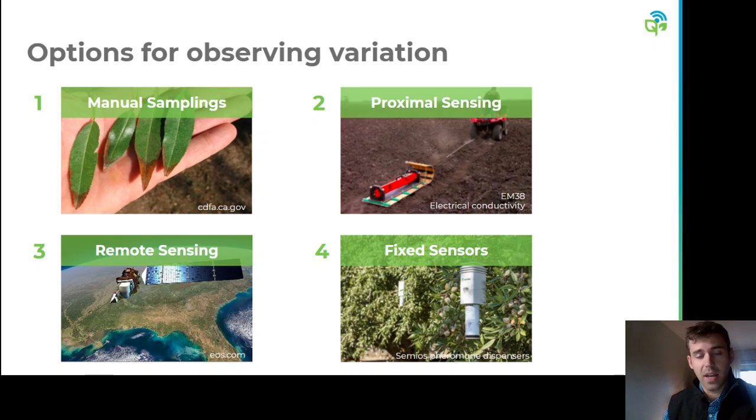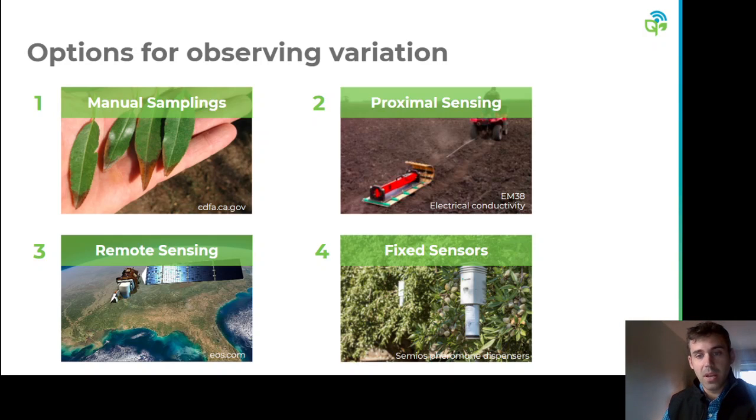Fixed sensors, I was not fully aware of this, but 2 years ago we tried this in one of our experiments. I remember we put 40 data loggers, and it was really hard to keep up with that infrastructure. We had to keep a member of the team downloading the data one day every 2 weeks, and that took the entire day, and it was quite laborious.